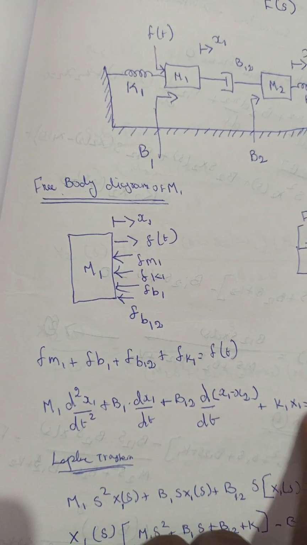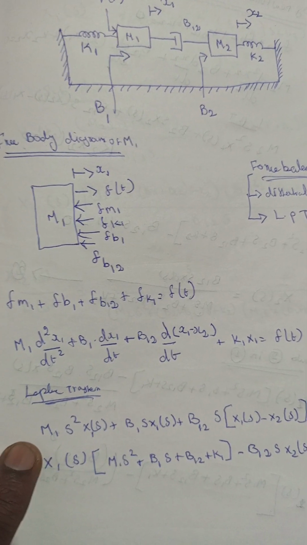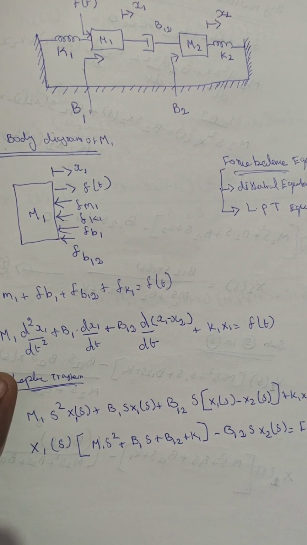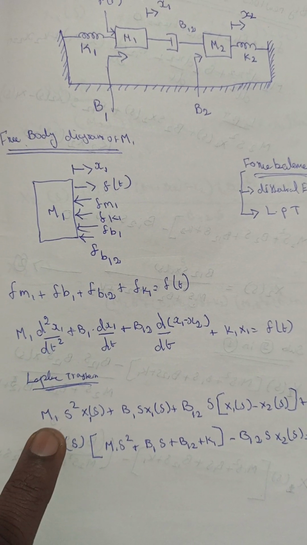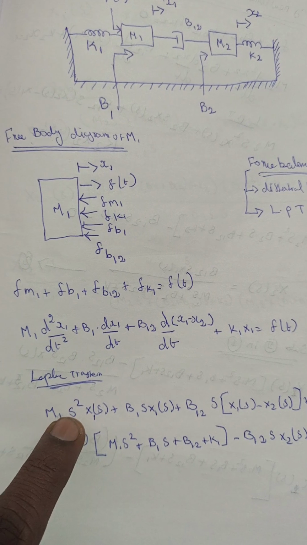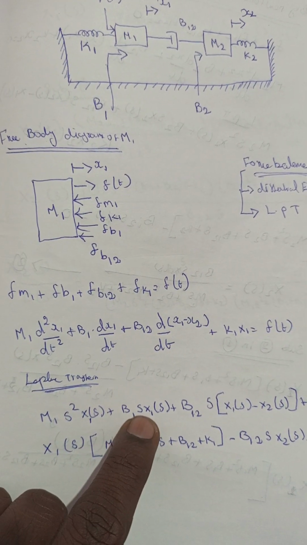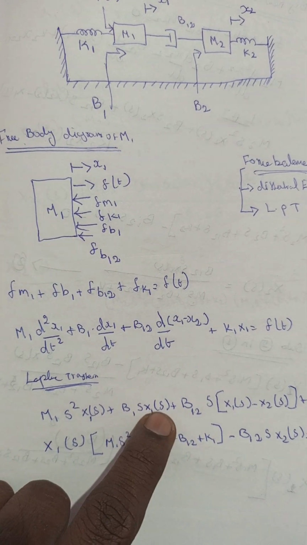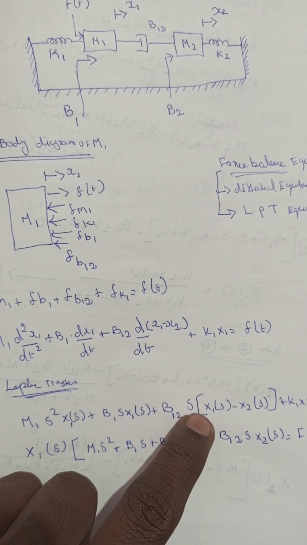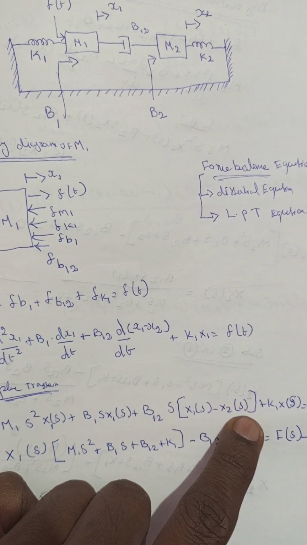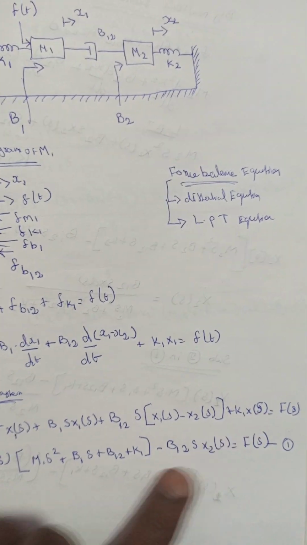We get this equation, and after this we have to take the Laplace transform of this equation. So when we take the Laplace transform, the t domain converts into the s domain. So M1 s² X1(s) plus B1 s X1(s) plus B12 s (X1(s) minus X2(s)) plus K1 X1(s) is equal to F(s).